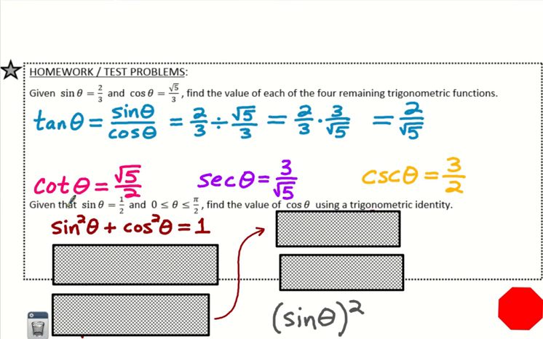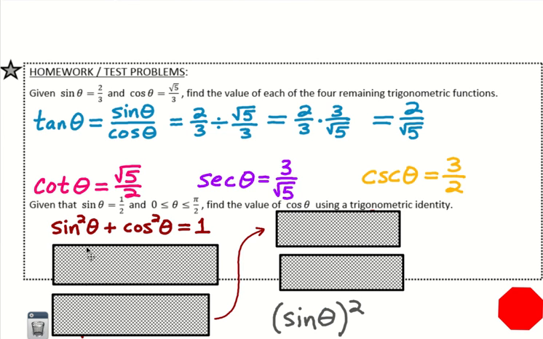This is what sine squared of theta means. It's the entire sine of theta squared. Maybe someone decided this was a cooler, less messy way to write it. It saves you the trouble of writing parentheses all the time. So when you see sine squared of theta or cosine squared of theta, it's just that entire trig expression squared, okay?